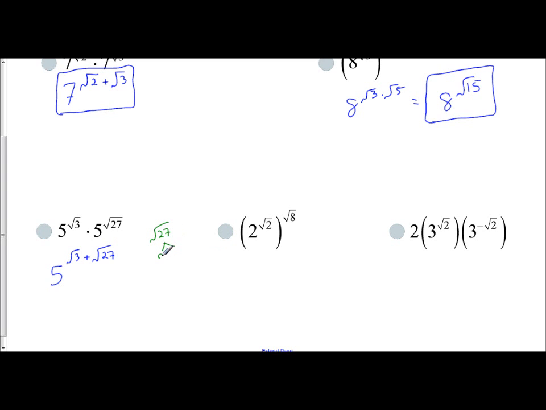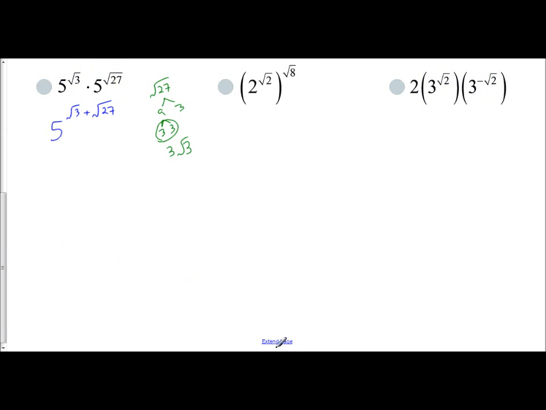I mean, it's 9 times 3, which 9 breaks into 3 and 3. So the square root of 27 is really 3 radical 3. And so my expression really is 5 to the radical 3 power plus my 3 radical 3. So they do have the same radicand. I have 1 radical 3 plus 3 radical 3, which is 4 radical 3 for my exponent. So 5 to the 4 radical 3 power.